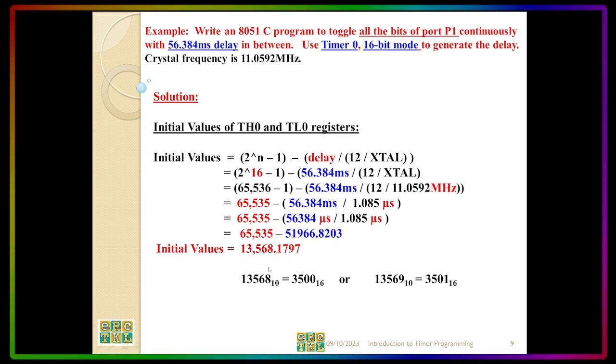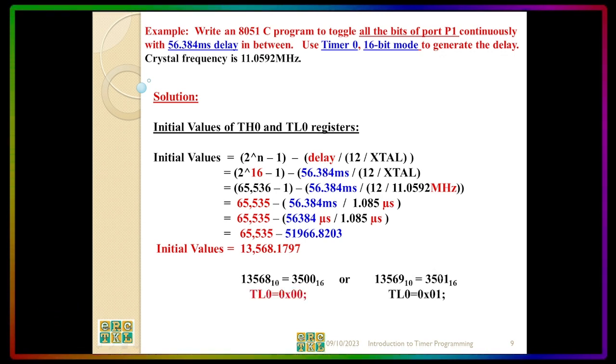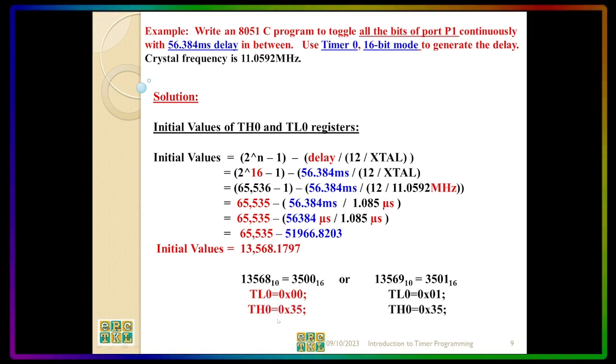By using the calculator, we got the answer of 3500 hex. Now, 13,569 in decimal, when you change it to hex, will become 3501. But just for this answer, what will be the TL0 for timer 0? It will be 00, and the TH0 will be 35. The first two digits belong to the high byte and the 00 belongs to the low byte.